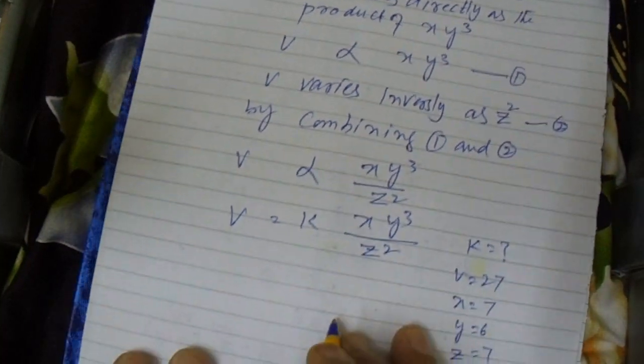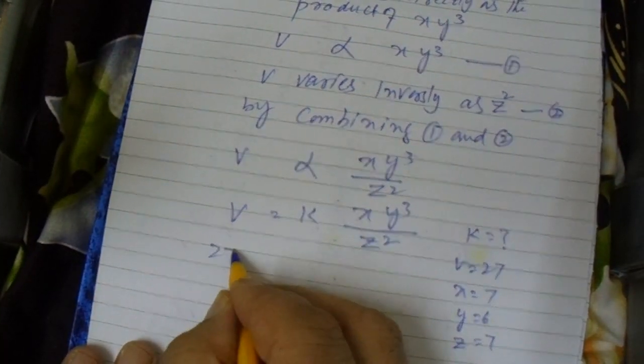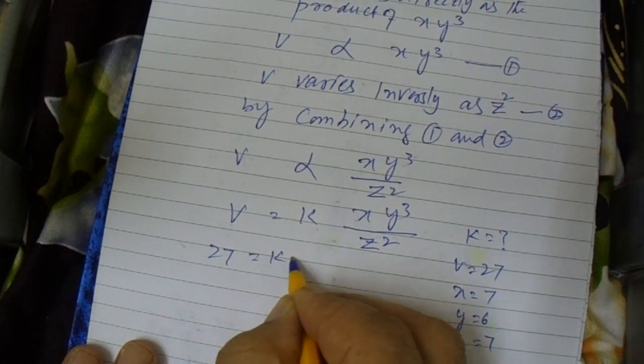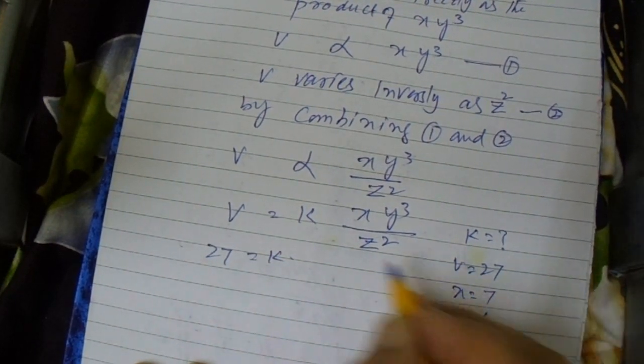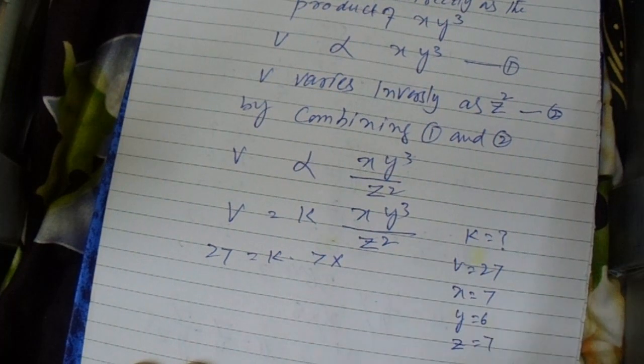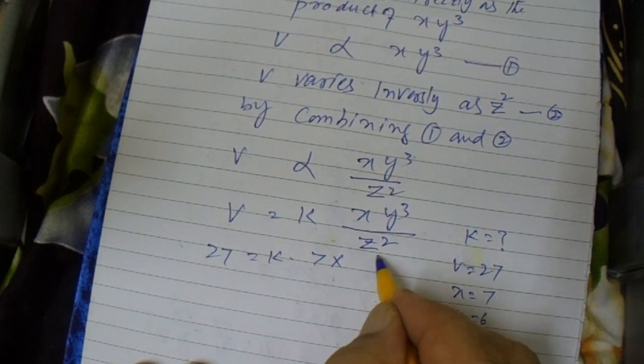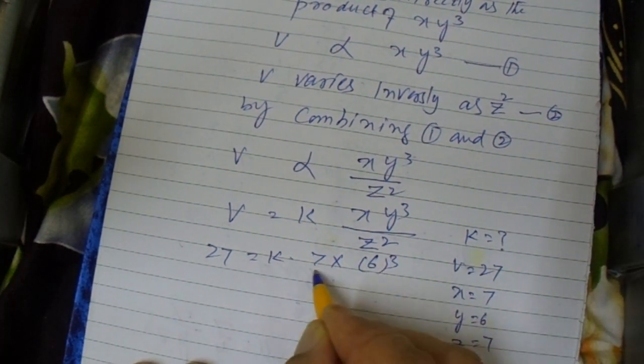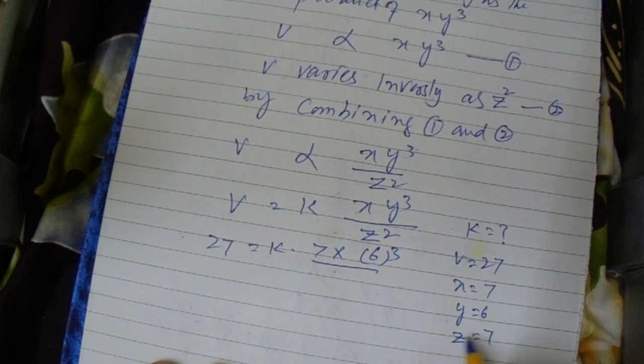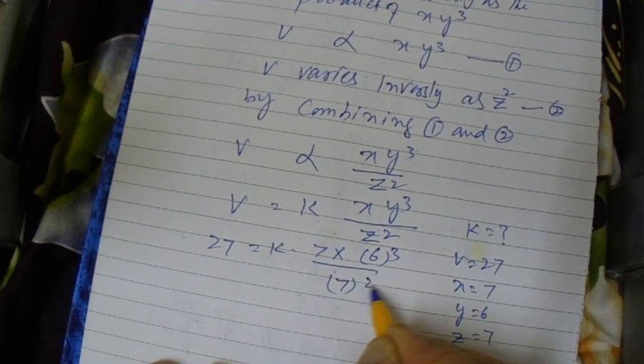Now put these values here. 27 = k times x is 7 multiplied by y is 6 to the power 3 over z squared, 7 squared.